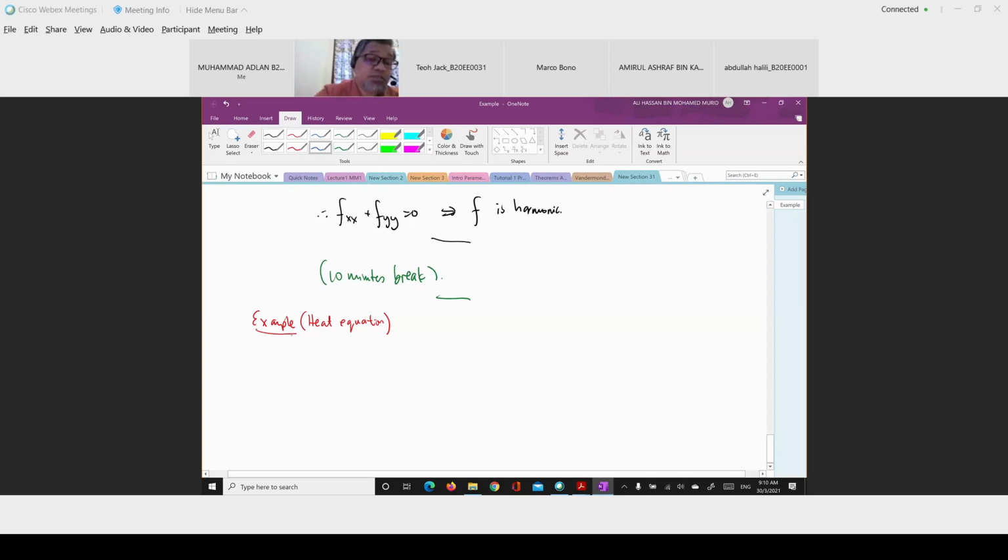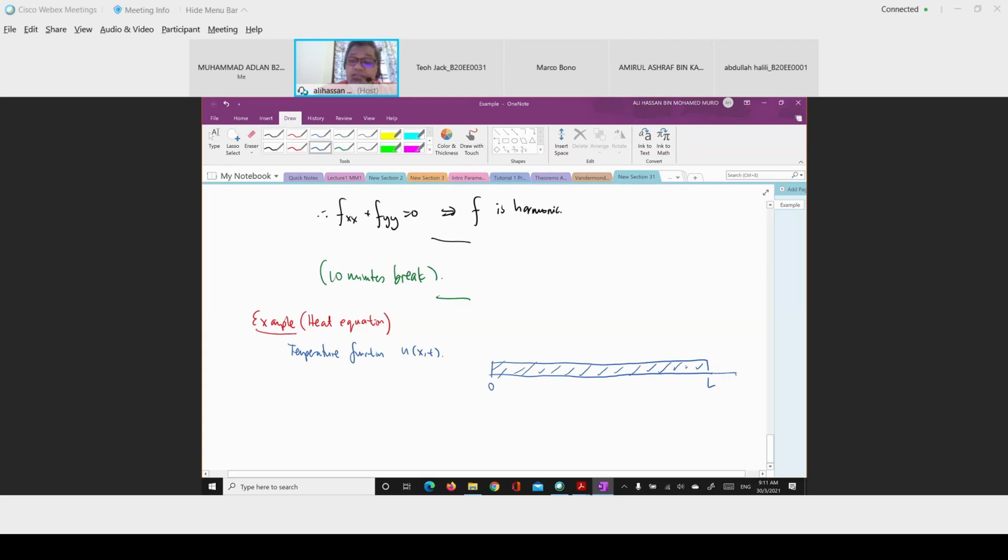We have the temperature function u(x,t). Suppose we have a metal bar of a fixed length, say from 0 to L. This metal bar has heat flowing along it.